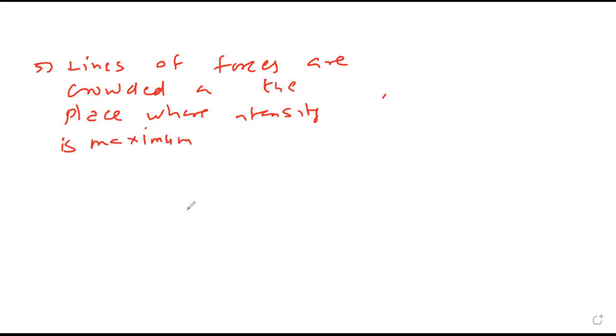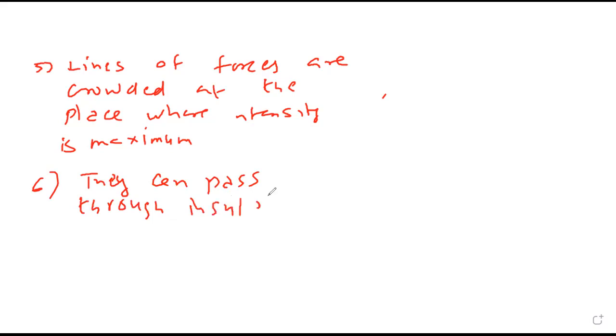Lines of force are crowded at the place where intensity is maximum. Sixth, they can pass through insulators, but not through conductors.